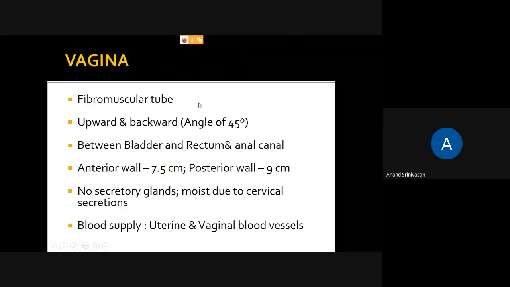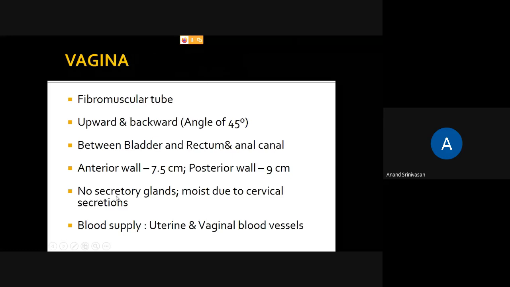So the vagina is a fibromuscular tube. It is angled backwards and upwards, approximately at an angle of 45 degrees. It is situated between the bladder, the rectum, and the anal canal. The posterior wall is slightly longer than the anterior wall.